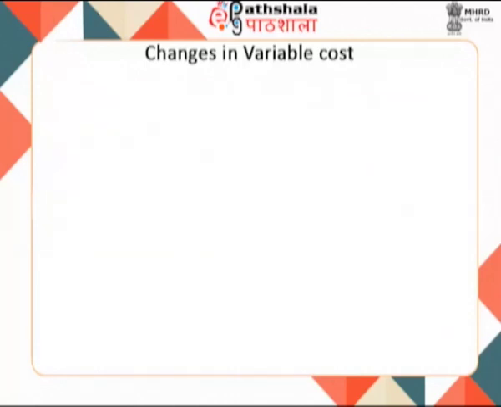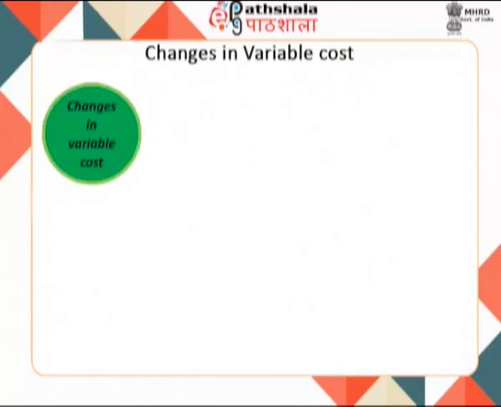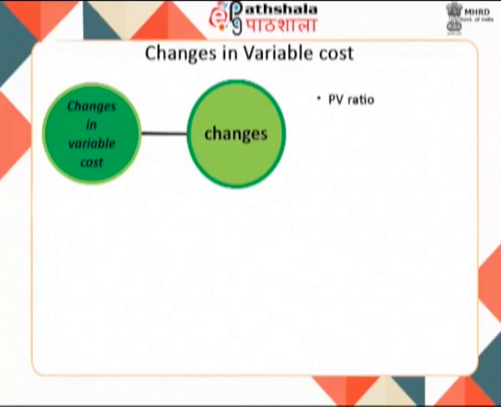Changes in variable cost. The CVP chart is also used to evaluate the impact of increases and decreases in variable costs per unit. Changes in variable cost changes the PV ratio, changes the break-even point, and affect profit and loss at different volumes.